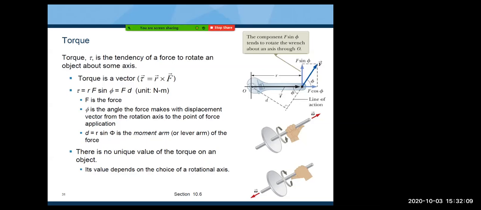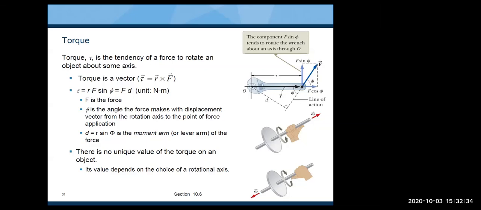The idea of the torque is for changing the rotational motion of the object. You could always think of it in this way. In the case of the force, you are changing the linear motion of the object by causing it to accelerate.